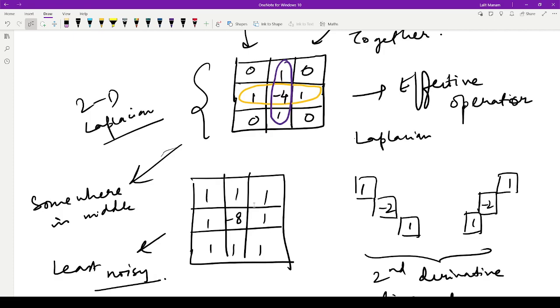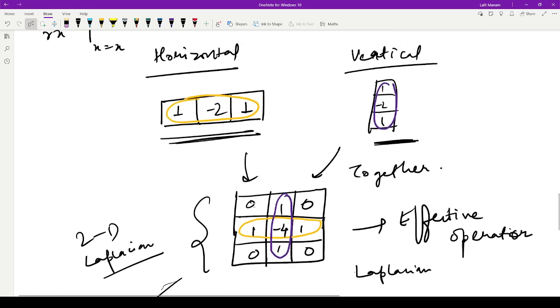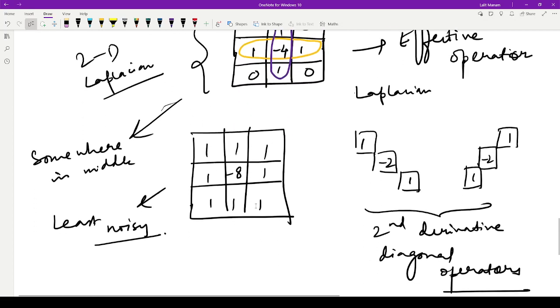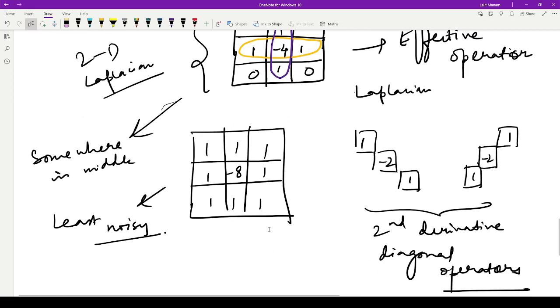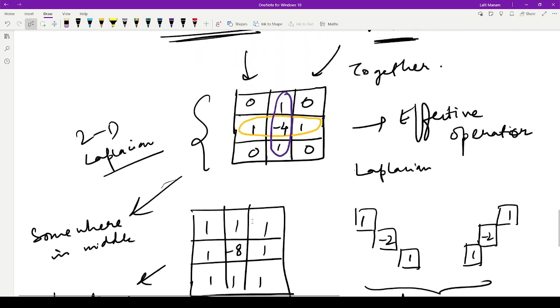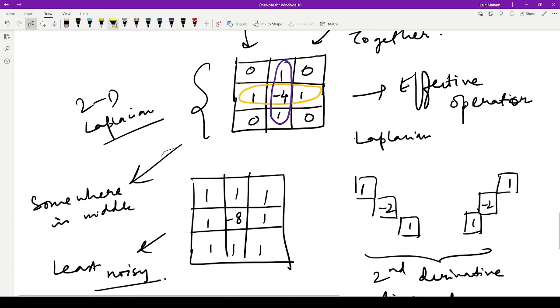Can you explain the noise part again? How is it more noisy? Okay, I'll give you a simple example. Consider just one pixel out here. This will be overlaid on an image, so the image will also have some values.